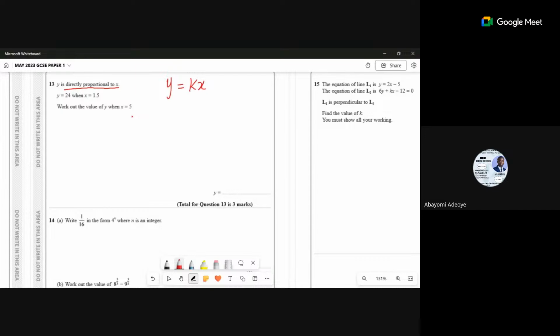So your K is what? 16. Okay, so what's Y now when X is 5? 80. That's correct. 80 is the answer. All right, 3 marks. 24 equals K times 3/2. K is 16, so Y equals 16 times 5, which is 80.